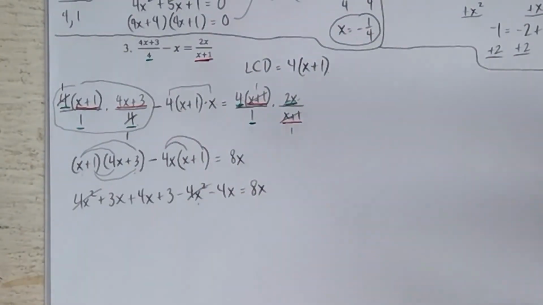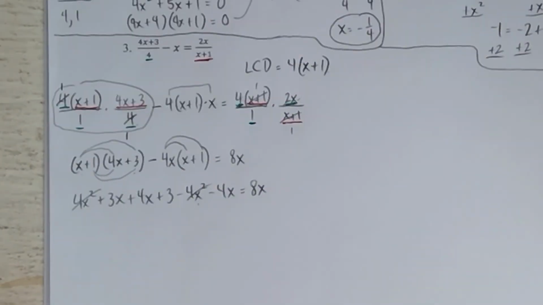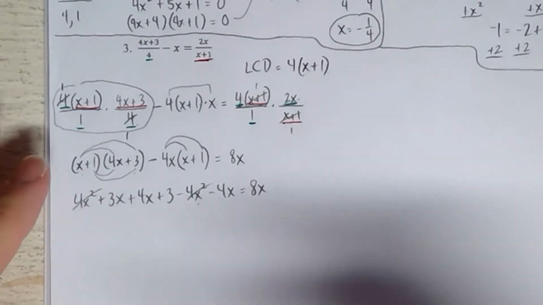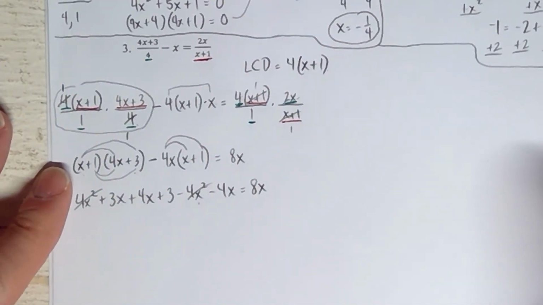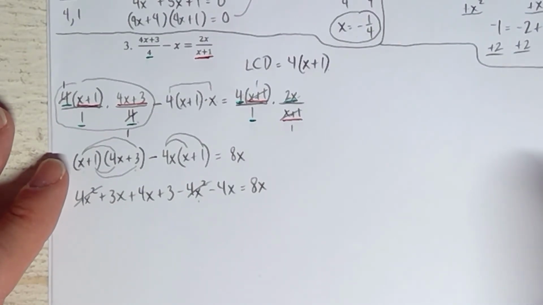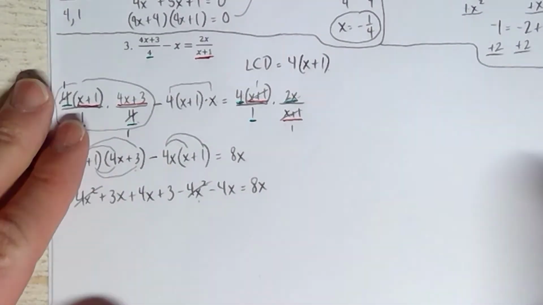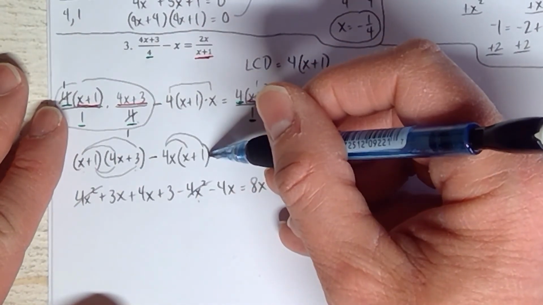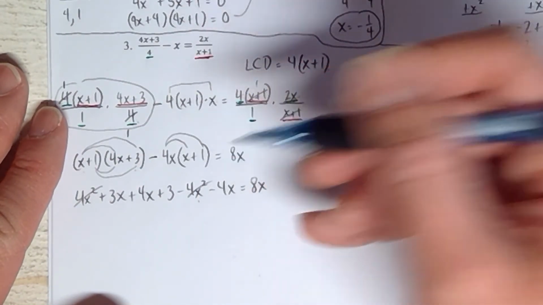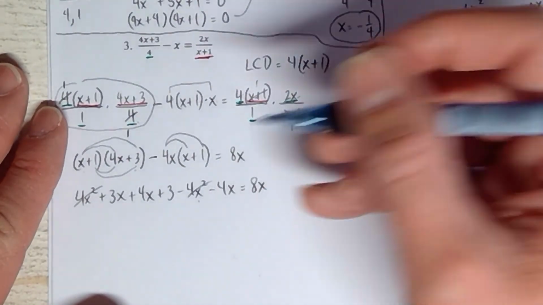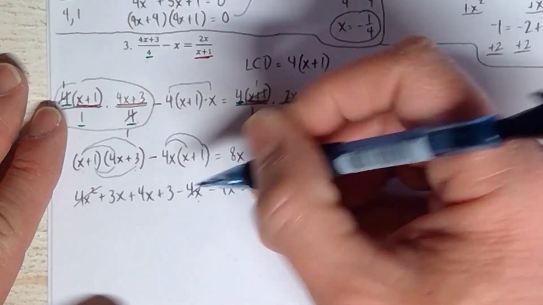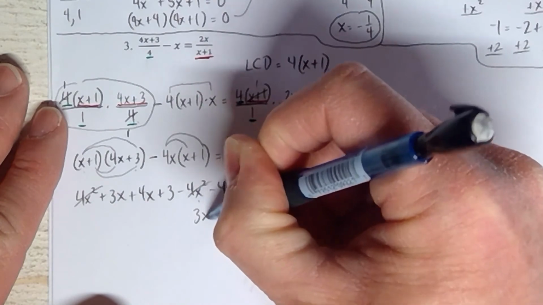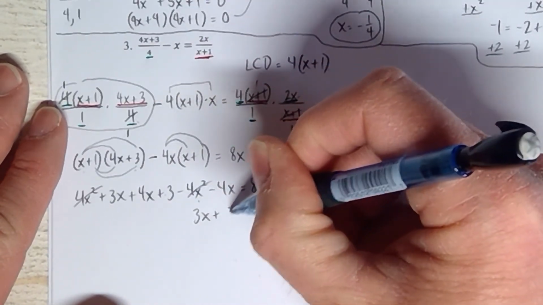And so now I'm going to shift gears here because I now realize it's linear because there's no x squared terms in it. And so what do we do in a linear equation? Well, we keep the x terms and the other terms that don't have x in it on opposite sides. But we do combine like terms after we distribute out the parentheses. So I'll go ahead and do that right now. 3x, 4x, and negative 4x equal 3x. 3 doesn't combine with that.